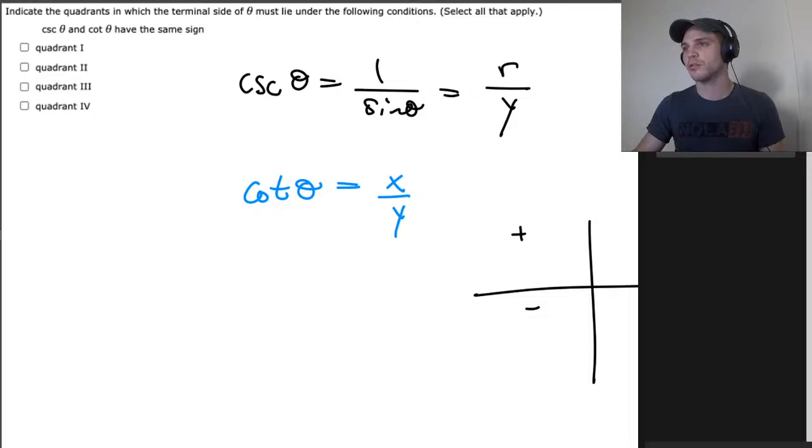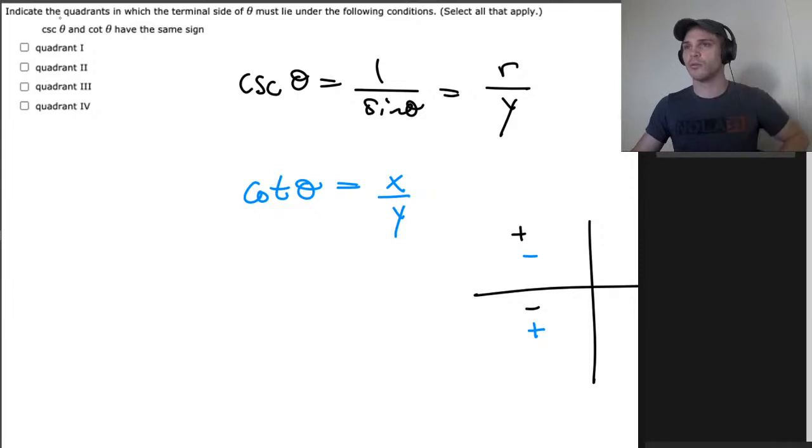Then we can do the same question for the cotangent. Where is cotangent positive? It's the same place where tangent is positive. It's where x and y are both positive, or where x and y are both negative. And where x is the opposite sign of y, or vice versa, that's where they're negative.